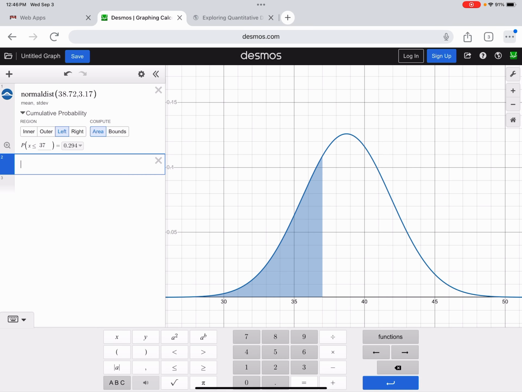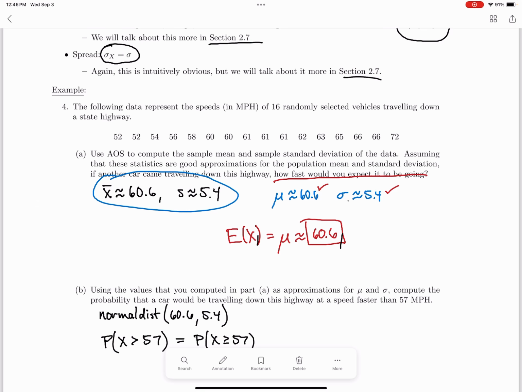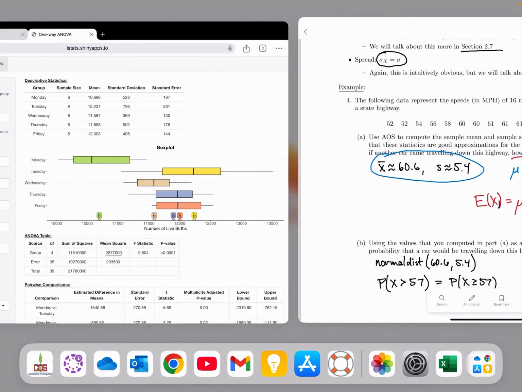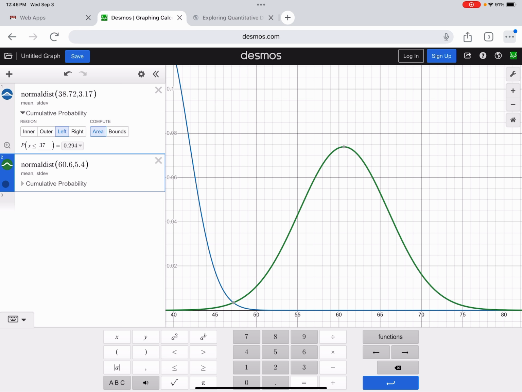So I'm going to use normal dist with a mean of 60.6 and a standard deviation of 5.4. Let me zoom in on that distribution.